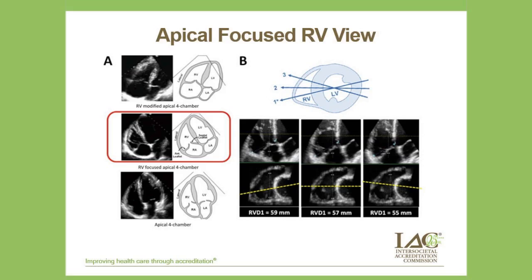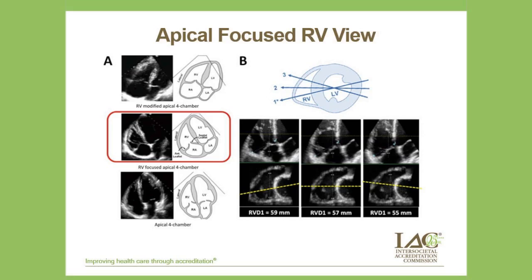And if you also notice at the bottom right, you can see the difference from these different planes, how different the measurement can be on the same patient here. So the one in the middle is one I'd really like to talk about because it's one that I feel is important to do with a right heart assessment, and that's a focused right ventricular view, where we are still pretty much right over the apex of the left ventricle, but we can just slightly angulate a little bit and bring in the right ventricular free wall a little nicer there, so we can assess the right ventricular function there as well.